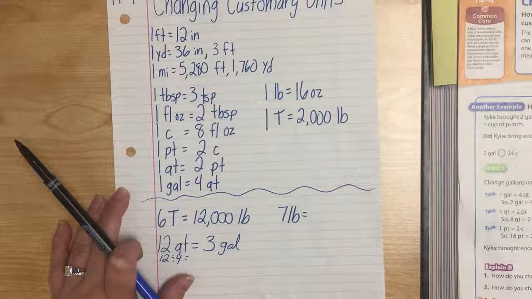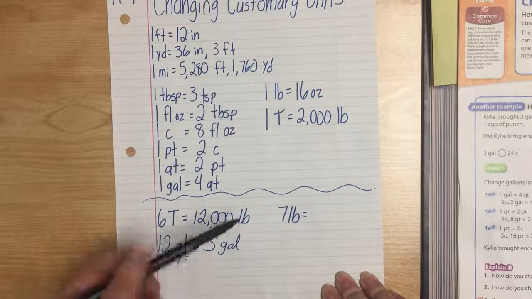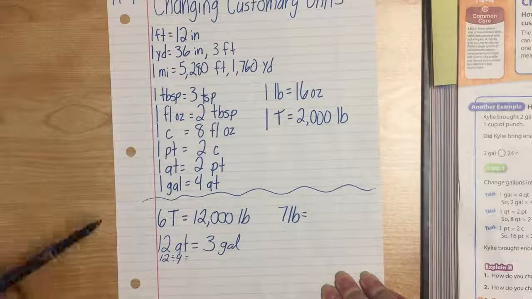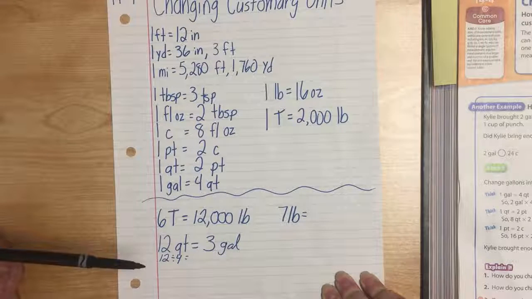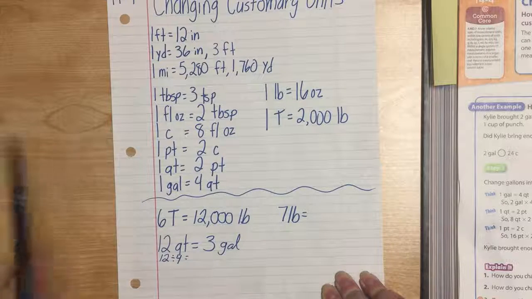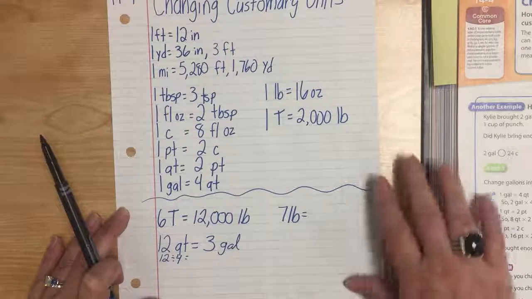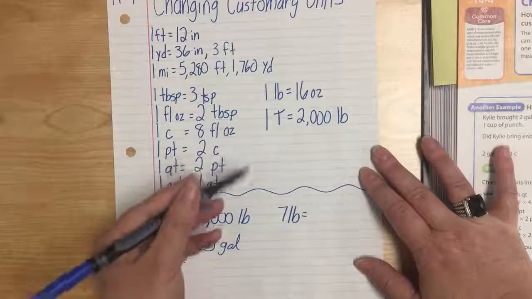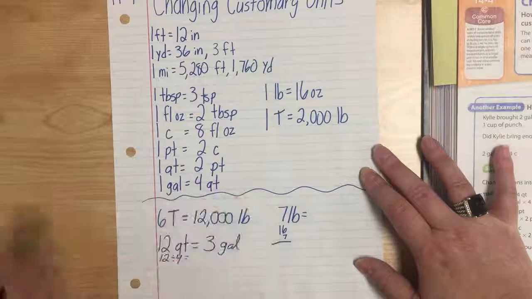Multiply. 1 pound is 16, so 16 times 7 is what I would be solving.